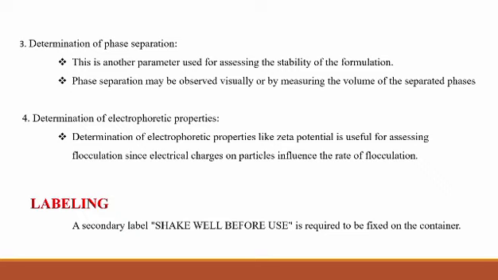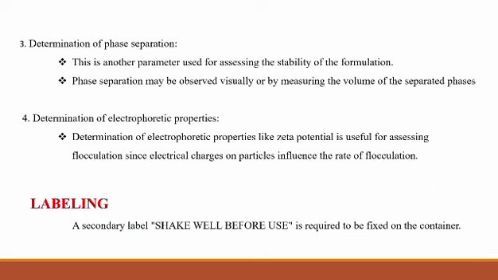When we evaluate the zeta potential, we can easily assess the stability of an emulsion. For that, first we have to take the emulsion sample in a zeta potential analyzer or an electrophoresis cell. Next we apply an electric field to the sample. Next we observe the movement of droplets using a microscope or an instrument used to observe the movement of the dispersed globules.